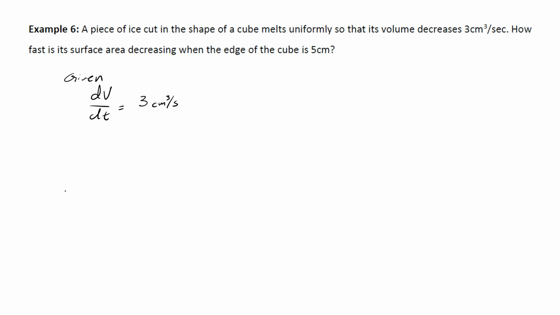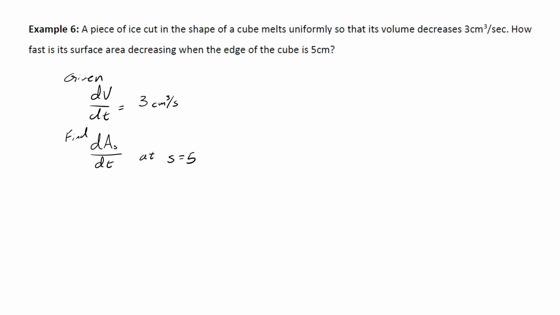How fast is its surface area decreasing when the edge of the cube is 5 centimeters? We're going to call that dA_s/dt. So A_s is going to be my surface area. So this is what we're going to find. And this is at my side, which I'm going to call s, is equal to 5.